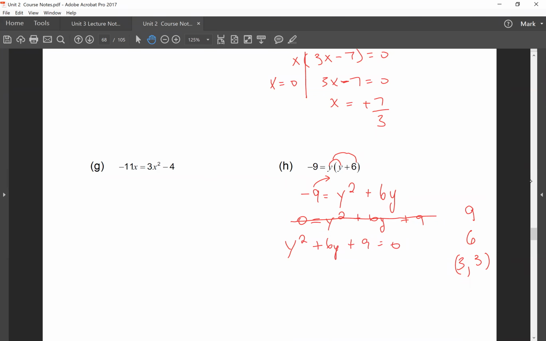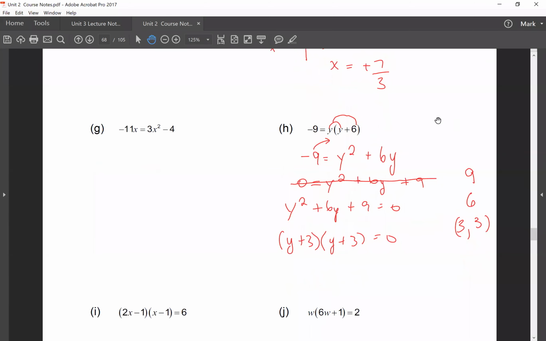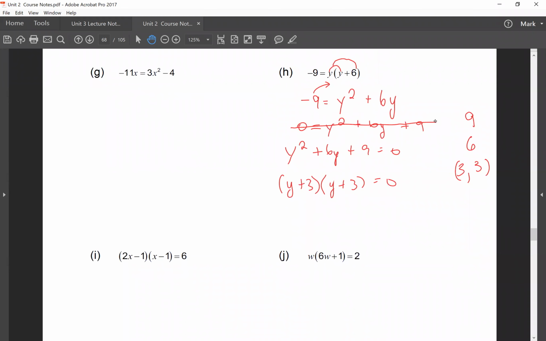I like to have the 0 on the right. This would be y plus 3, and y plus 3 equals 0. And you set each side equal to 0. So in this case, y plus 3 equals 0. Y is negative 3.